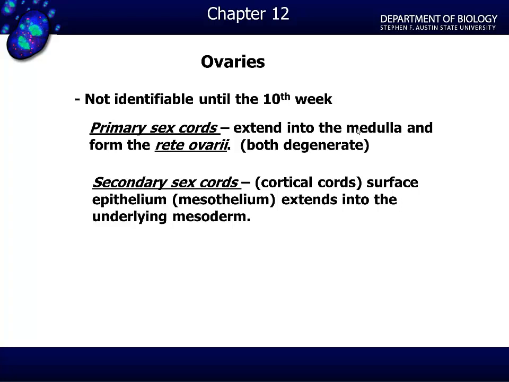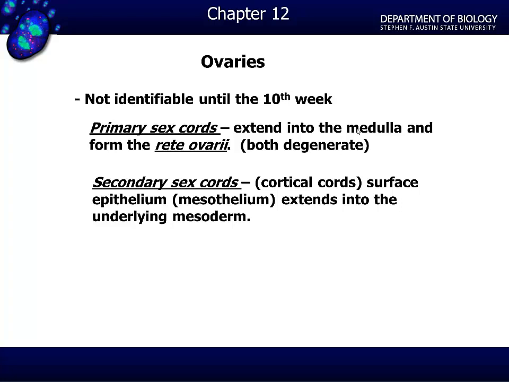As they form the rete testis, these form the gonadal cords as well as the rete ovarii, but for females, both of those degenerate. They're not going to receive the testis determining factor. They're present just in case they do, but in this case, that signal's not present, so they degenerate.